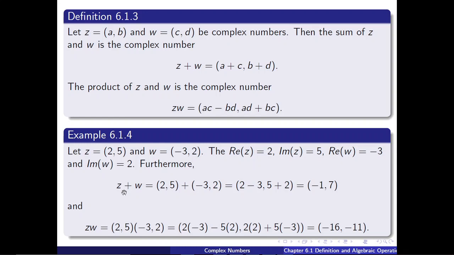So if we want to get z plus w, then we say (2, 5) plus (minus 3, 2), and then we just add the real parts and the imaginary parts, and we get (minus 1, 7). And for the product zw, we just employ this rule that we have here, and we get (minus 16, minus 11), right?